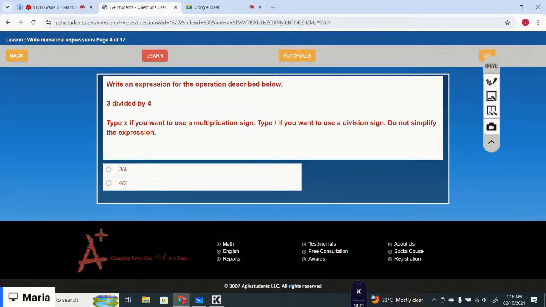Write an expression for the operation described below. 3 divided by 4, which is the correct option, option 1 or option 2?